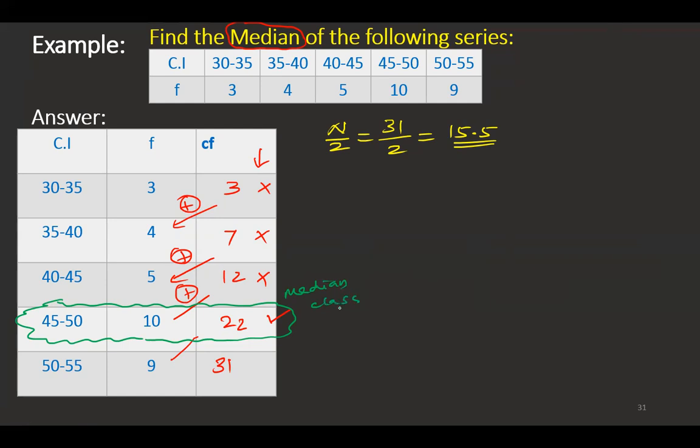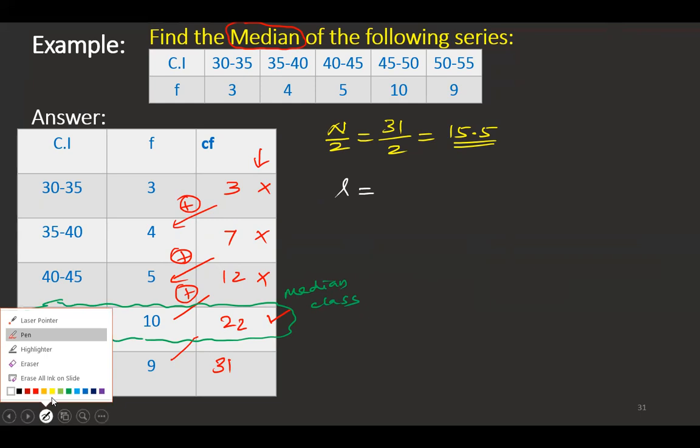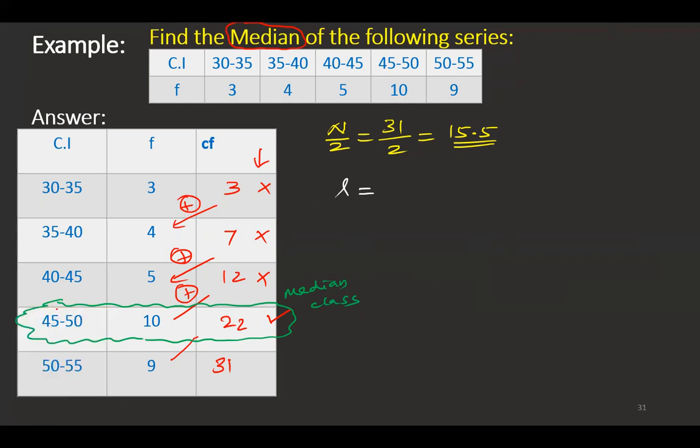So what are all the values? I'm going to write it here now. It is from the median class. So I'm going to calculate the value. First, I'm going to calculate what is L. L is the lower limit of the median class, which is nothing but the value 45. Okay, now I'm going to write 45 here.